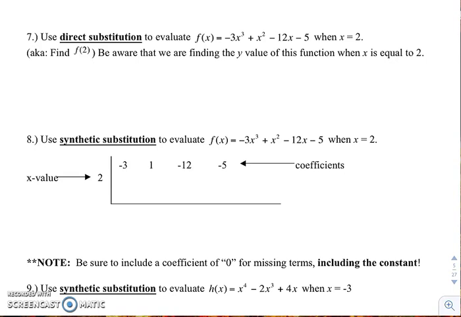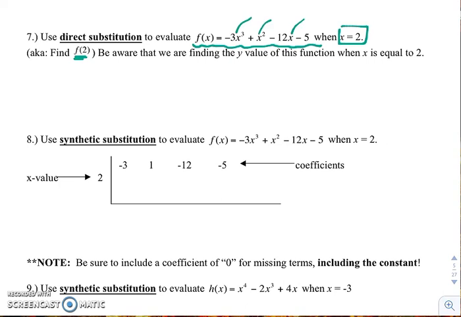But let's remember how to do direct substitution. If we're trying to find f of 2 for this polynomial, that's what f of 2 means. It means we're plugging in 2 for every single place that we see an x.